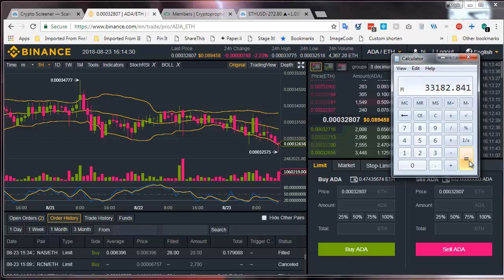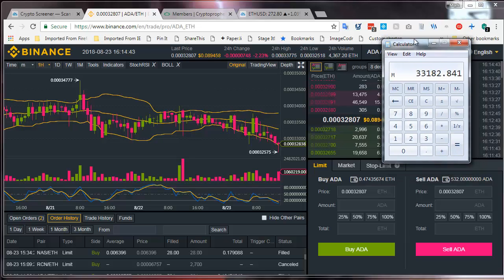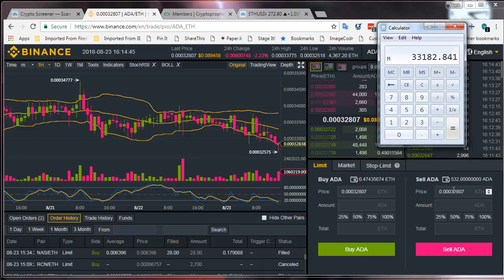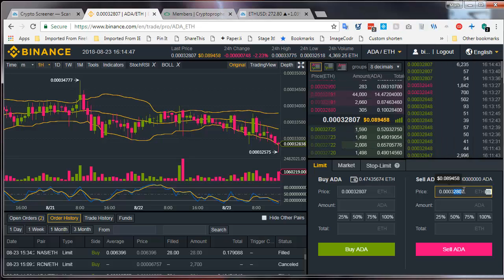What I do is I then take half the amount that I'm holding, that I've bought, and I sell it at that price. So the process there is we want to get the 33182 in here. It's quite easy to do. 33182.